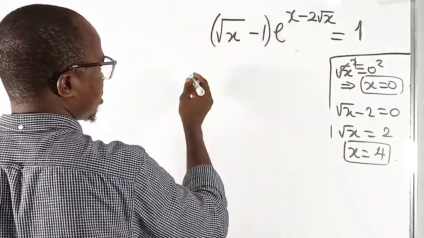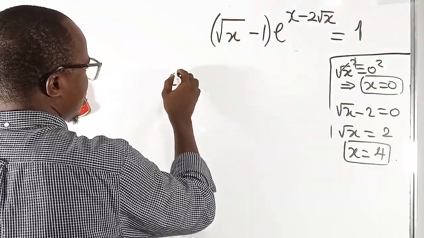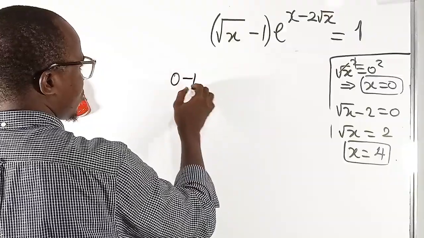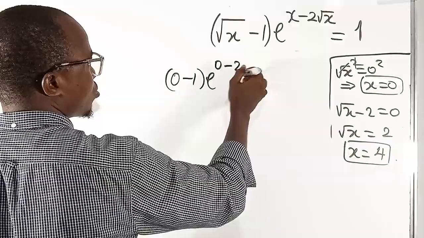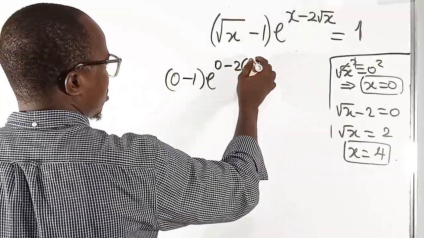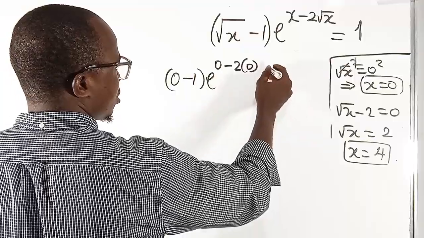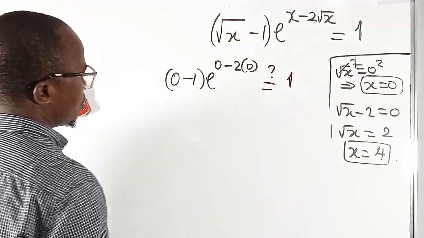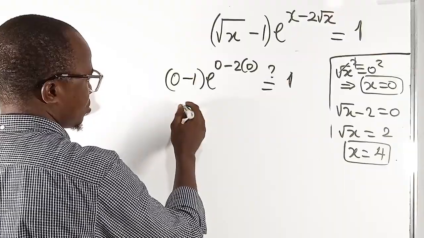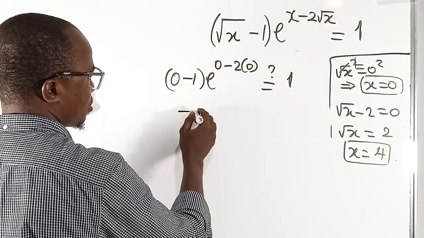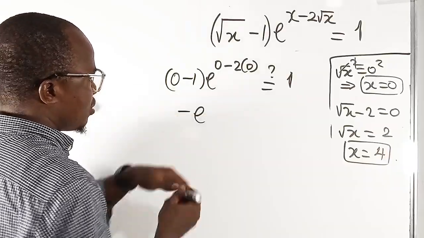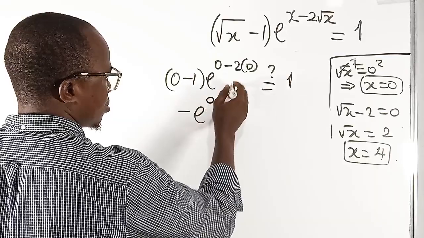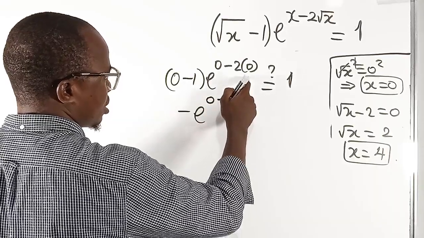So from here, if x is equal to 0 here, 0 minus 1, e to the power of 0 minus 2 root 0, then this will be 0. Would this give us 1? So from here, 0 minus 1 times this, we have that is minus e to the power of 0 minus what?